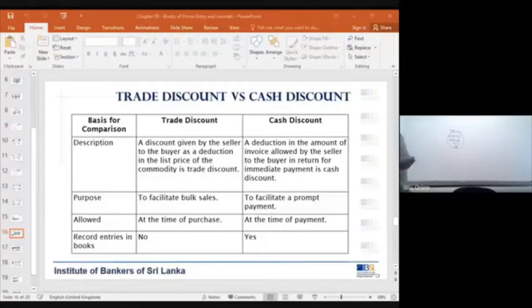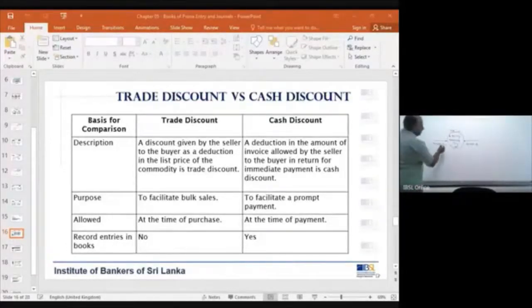Now we observe that there are two buyers, buyer A and buyer B. Buyer A is coming to buy Samsung televisions, and buyer B is also coming to buy Samsung televisions.